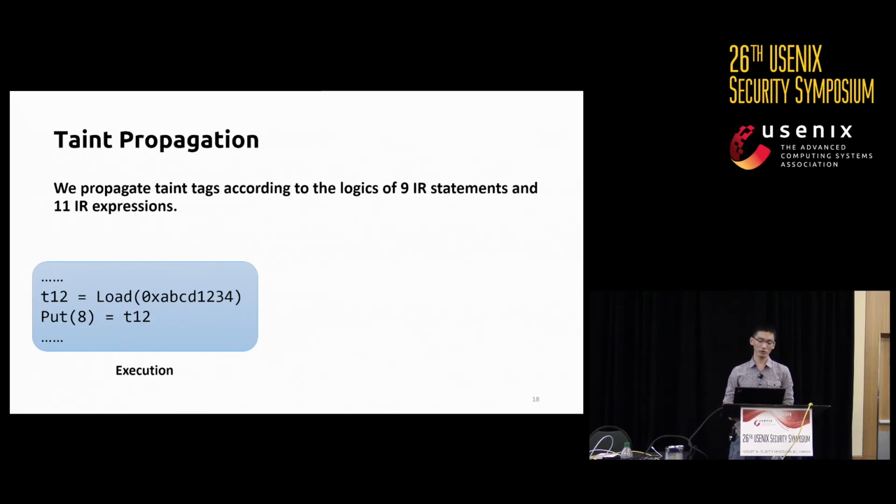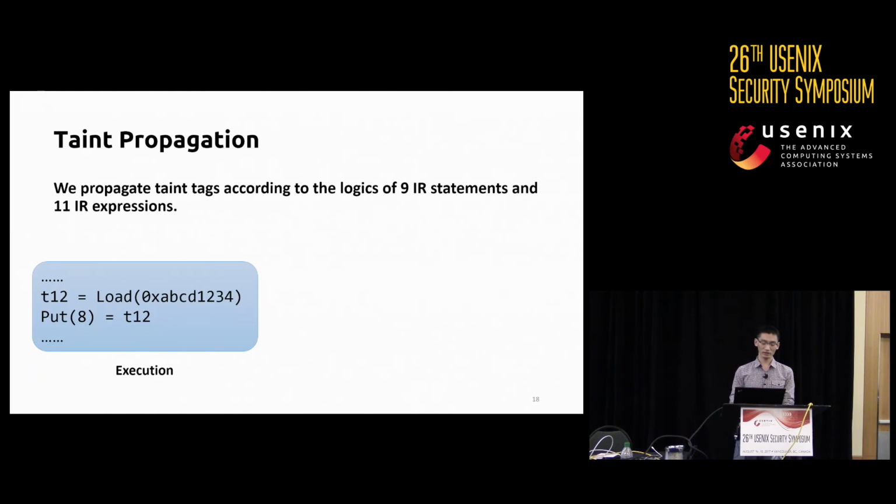Malton conducts taint propagation according to the logics of IR statements and IR expressions. There are 9 IR statements and 11 IR expressions that are related to taint propagation. Next, I will use an example to illustrate how the taint tags are propagated. In this example, there are 2 IR statements.